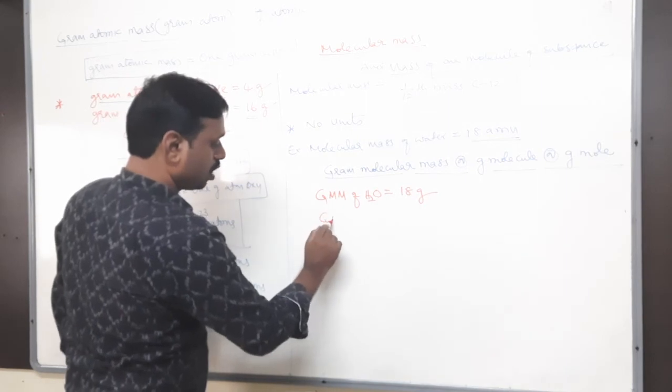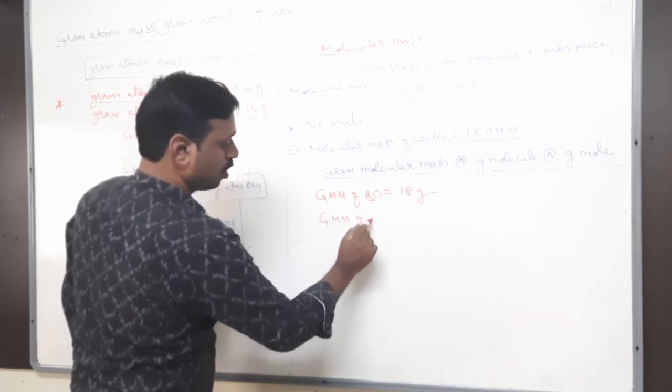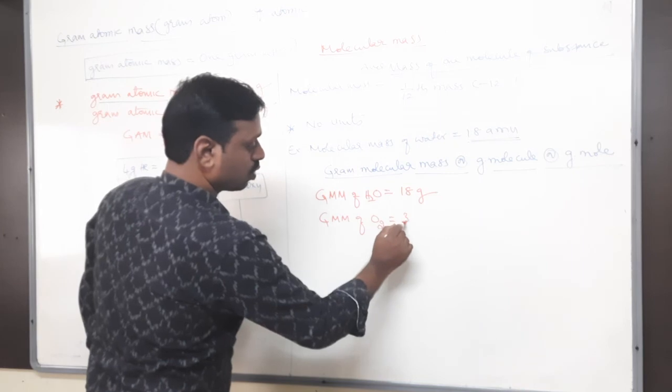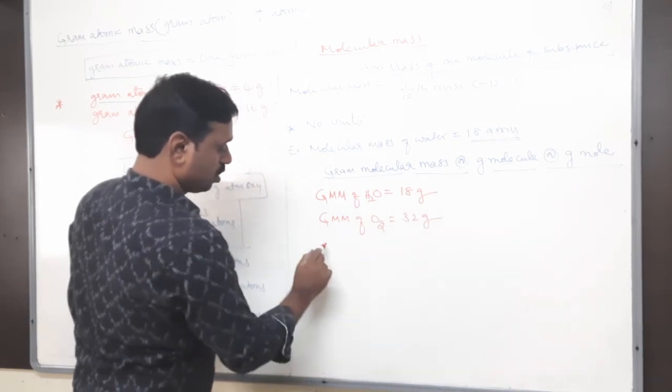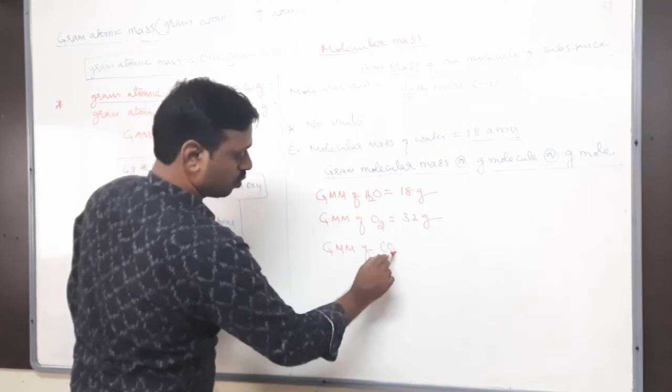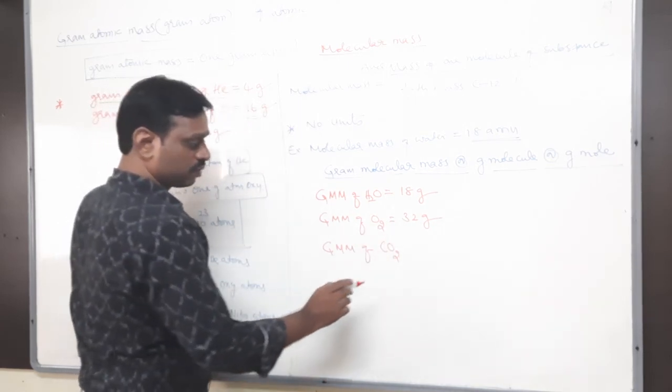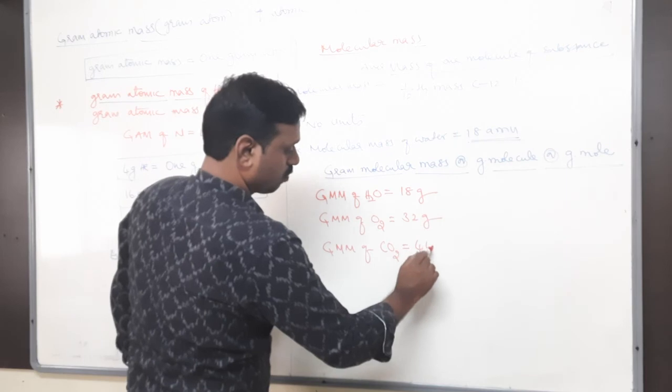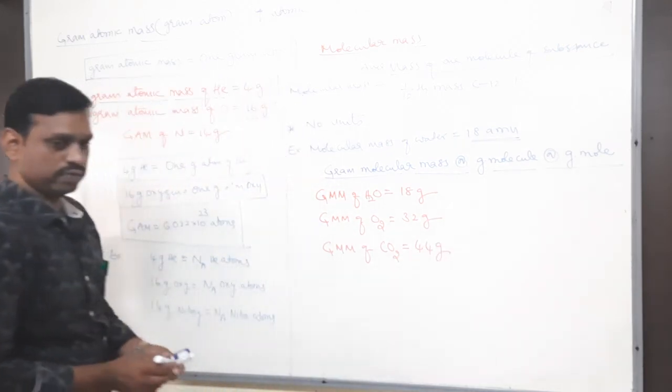Gram molecular mass of oxygen O2, 32 grams. Gram molecular mass of CO2, how much? 44 grams.